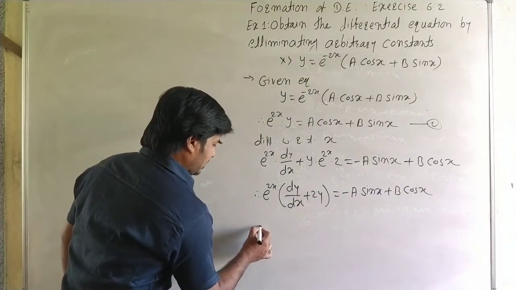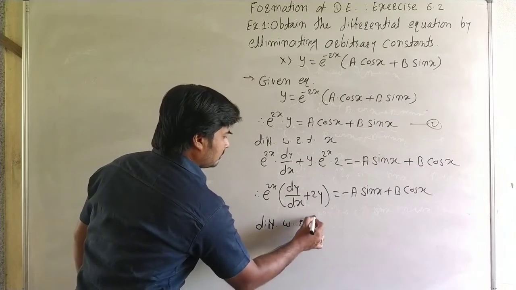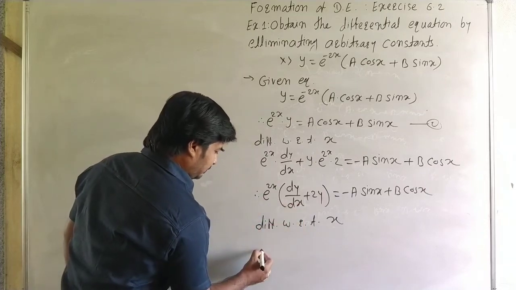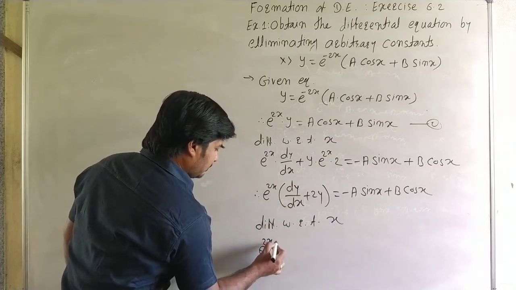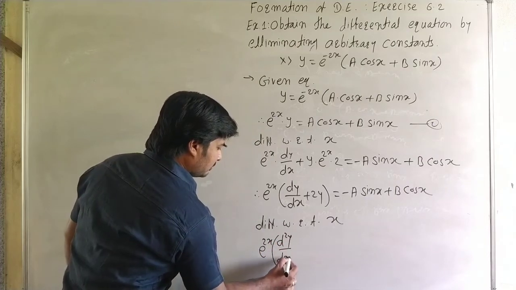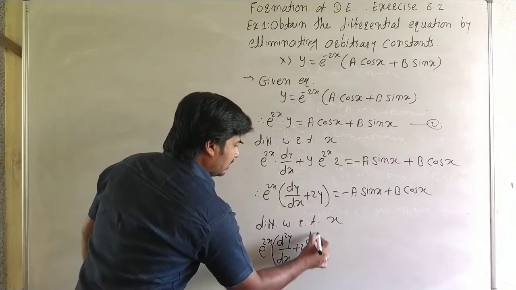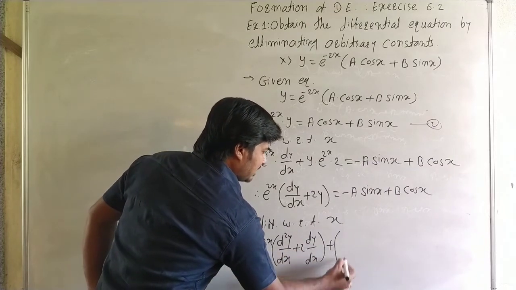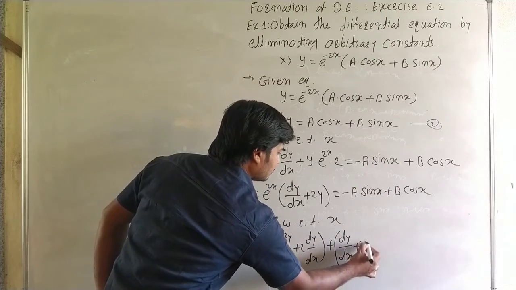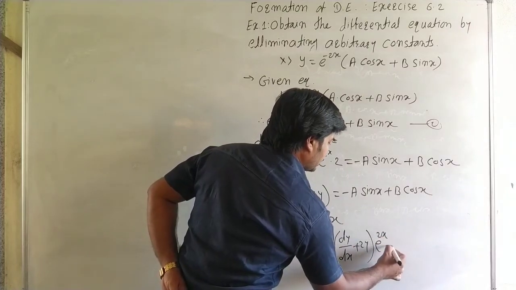And then again differentiate with respect to x. It is first function and it is second function. First as it is into derivative of second, plus 2 dy by dx, then second as it is into derivative of first, that is e raised to 2x into 2.